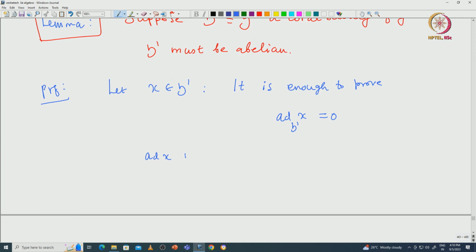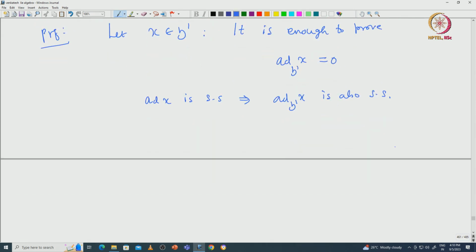Being semisimple implies that ad x restricted to H' is also semisimple. So, to prove that ad x is actually 0, it is enough to prove that it has no non-zero eigenvalues. So, we claim that ad x restricted to H' has no non-zero eigenvalues.